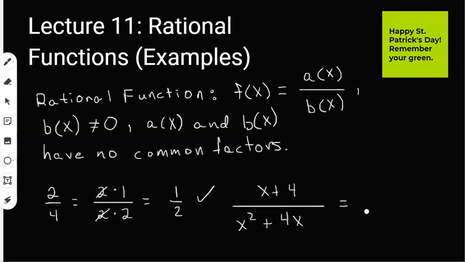But you could factor the bottom by taking an x out of everything, and then you'd be left with x plus 4 over x plus 4. So these two factors can cancel out, leaving you with 1 over x. And then you would do all your math on that.